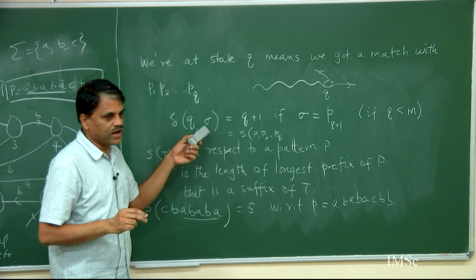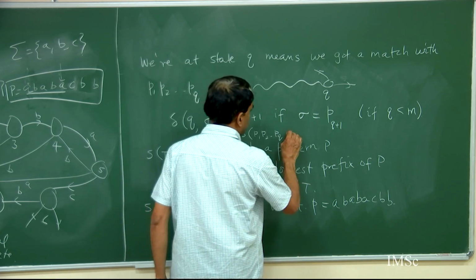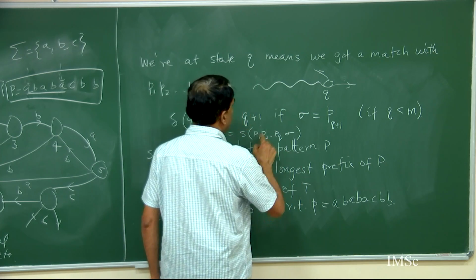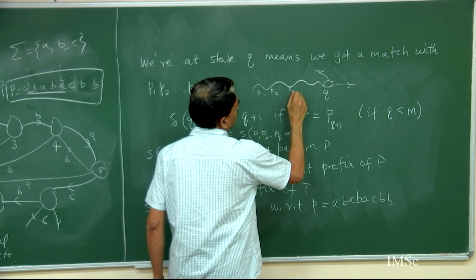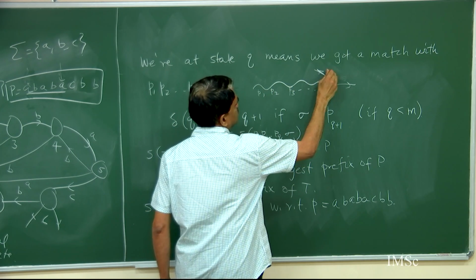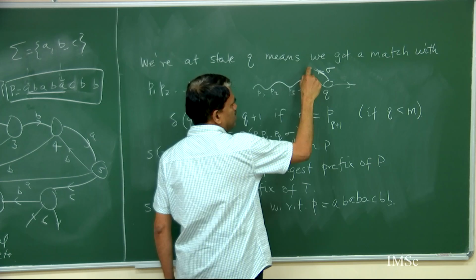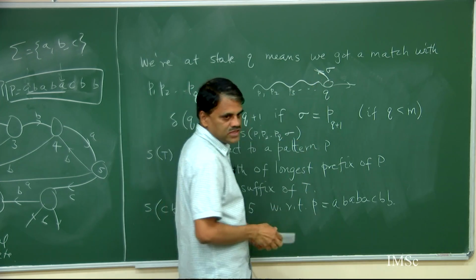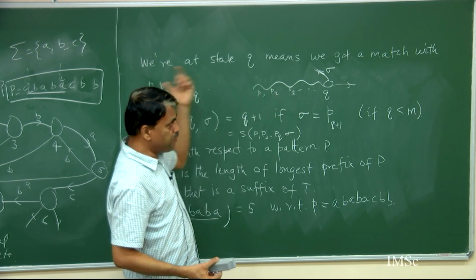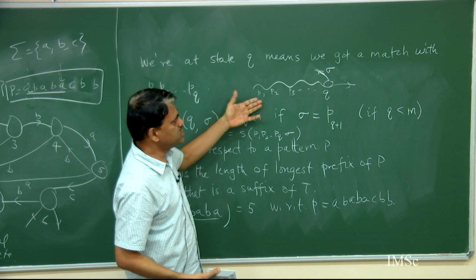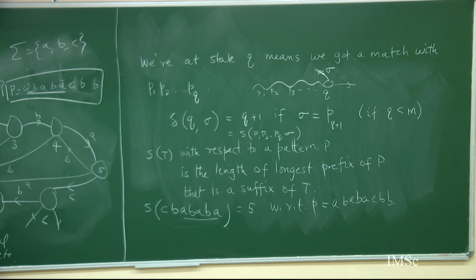Sigma is the current character, right. I got sigma now. So I want to know where should I go. So I claim it is S of, look at, I have got matches up to this point, PQ, and now there is a sigma which is coming. Now take this string P1, P2, PQ, this sigma, and see what is the longest prefix of the pattern which is a suffix of this, right.